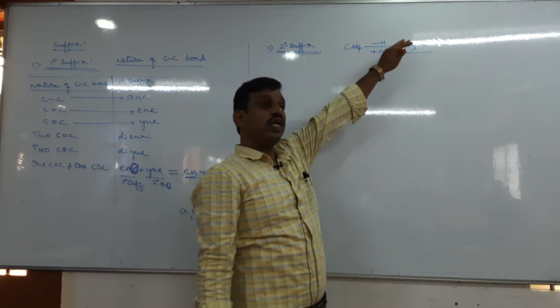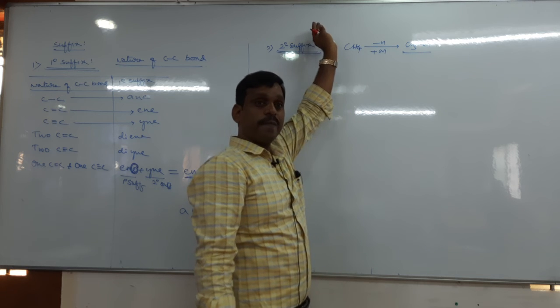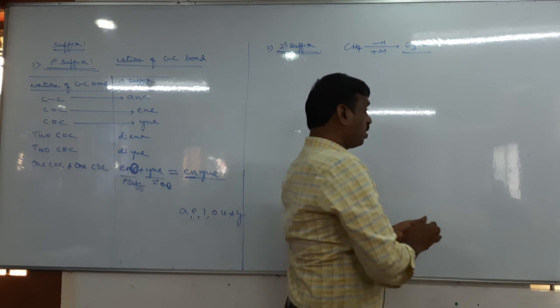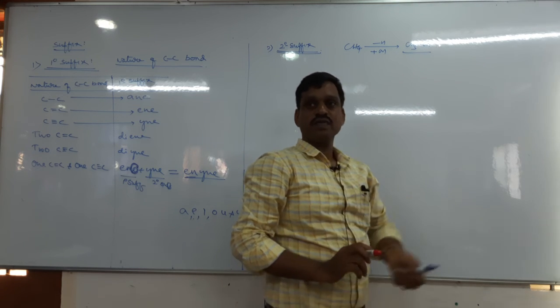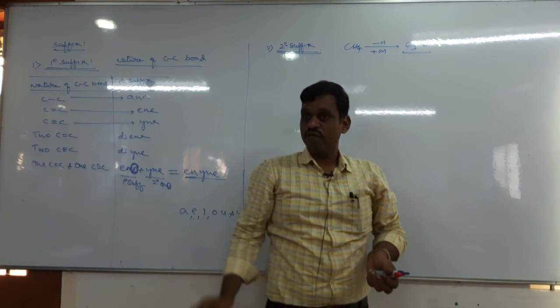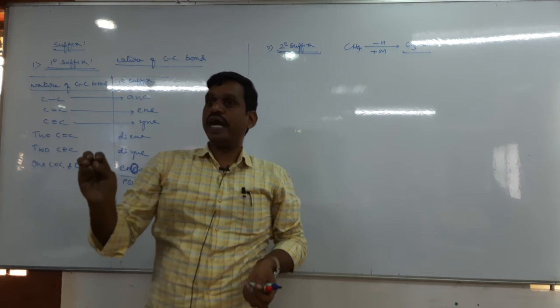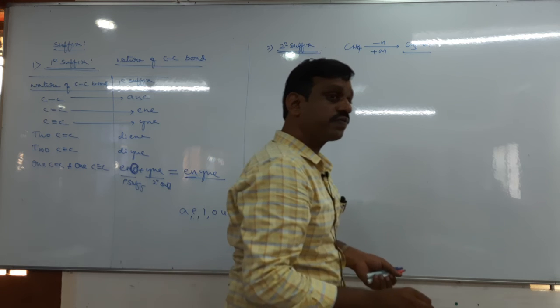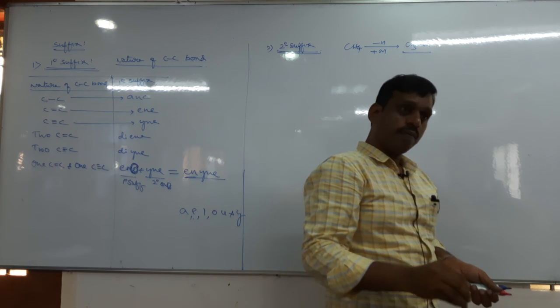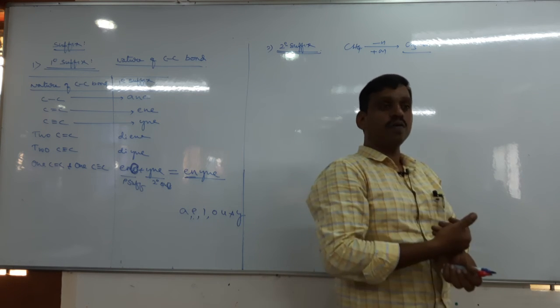Therefore, methanol is completely different from methane, and its property depends on OH, which is the functional group. So a functional group is an atom or group of atoms which decides the nature of the property of the organic compound.